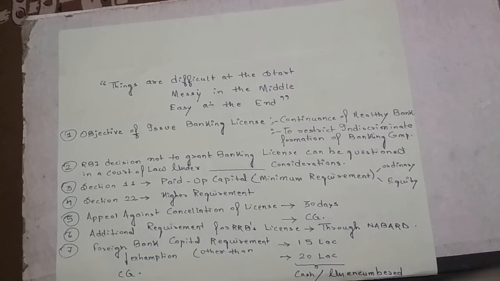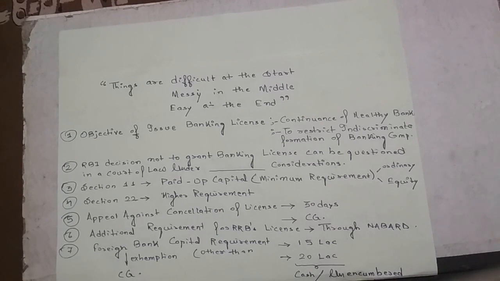Question number 7, the foreign bank capital requirement. As we have already seen in chapter 2 of part A, but here I will mention it again so that it serves as revision for you. The deposits that foreign banks have to keep are 15 lakh and 20 lakh respectively: 15 lakh in places other than Mumbai or Kolkata, and if the branch is in Mumbai or Kolkata, then they have to deposit 20 lakh rupees.